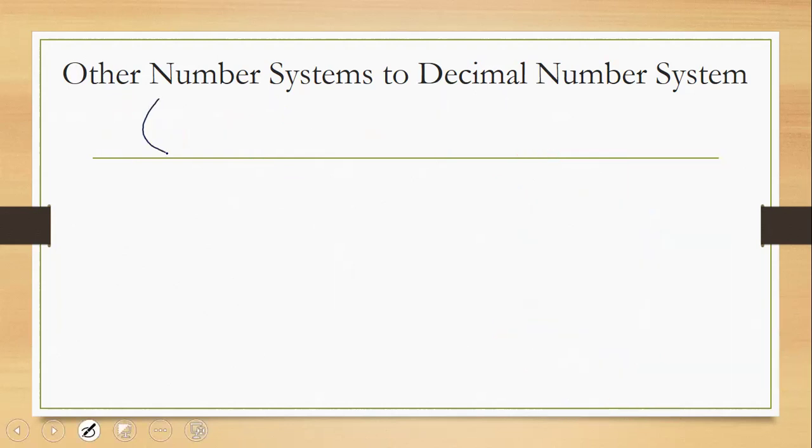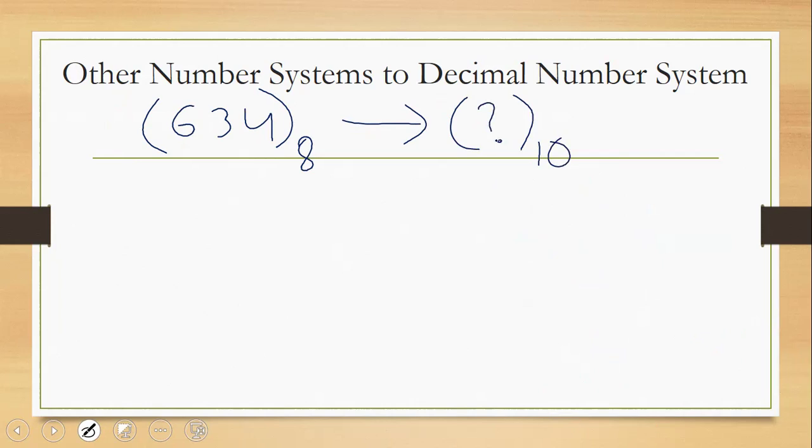Now I am converting 634 base 8 to decimal number system. Same, take the value 634, assign the positional values 8 power 0, 8 power 1 and 8 power 2.